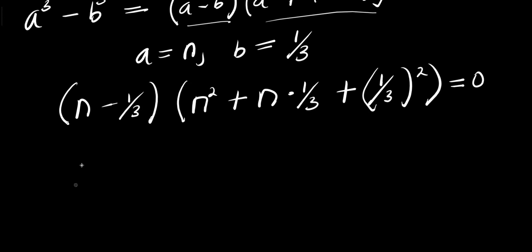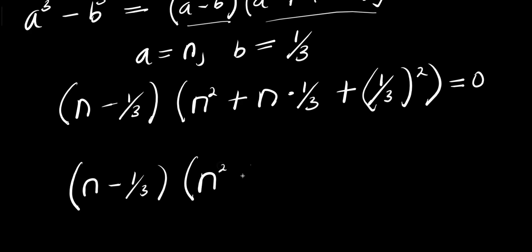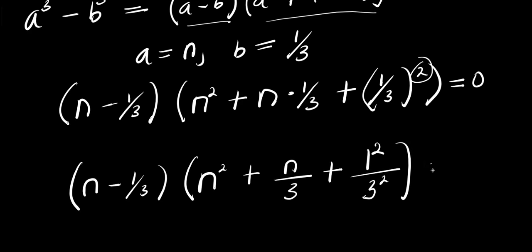So from here, I have n minus 1 over 3 times n squared plus n over 3 plus, let's distribute this, we have 1 power 2 divided by 3 power 2 equals 0.